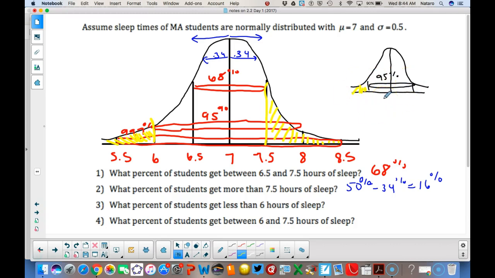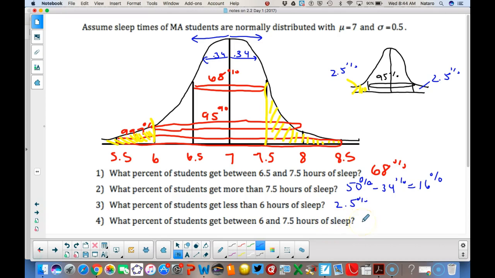We learned about that a little while ago with density curves. And so if this is 95% between 2 standard deviations, that means we have 5% that's split up between the 2 tails. So if there's 5% in total between the 2 tails, and this distribution is symmetric, we'd have 2.5% in each tail. 2.5% to the left and 2.5% to the right. So the answer to this question is 2.5%.